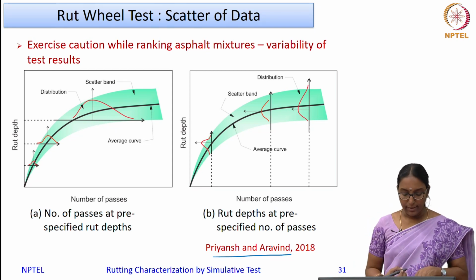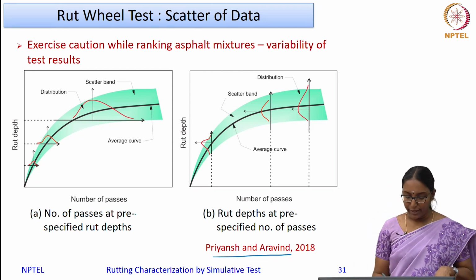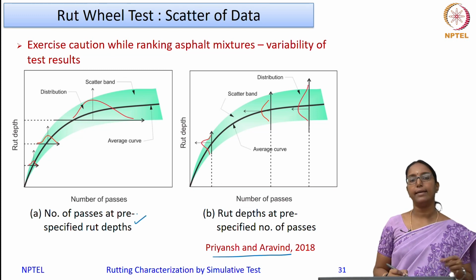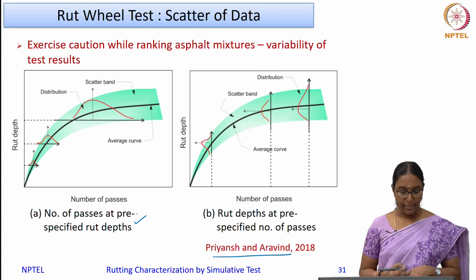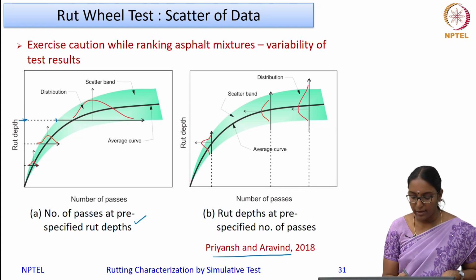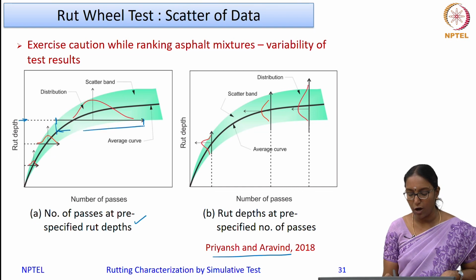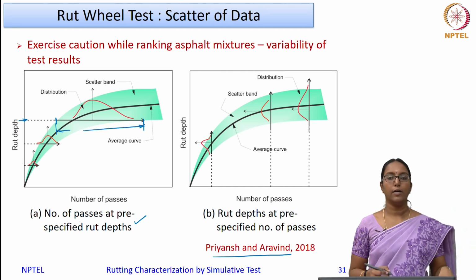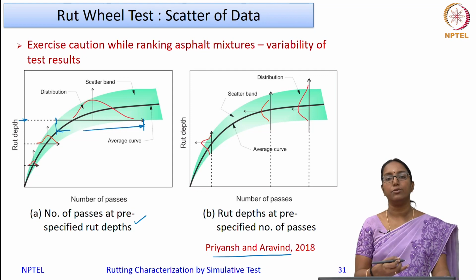So you can see here in the first figure, you are trying to find out the number of passes to reach a particular rut depth. As you can see here, to reach a rut depth of this much, the variability is from here to here. So this is such a large variability of results when you use a wheel tracker test.